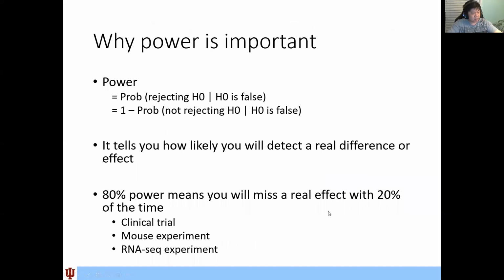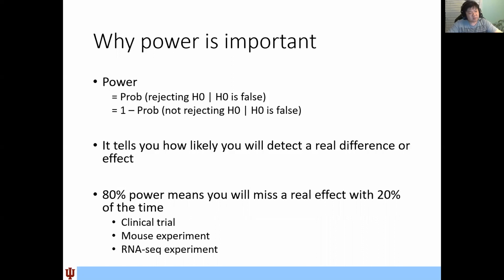So by the power definition, the statistical power tells you how likely you will detect a real difference or effect, which is the probability of rejecting H0 when H0 is false. So 80% power means you will miss a real effect 20% of the time.